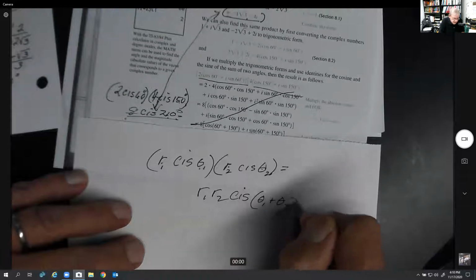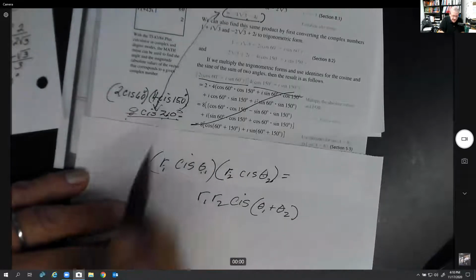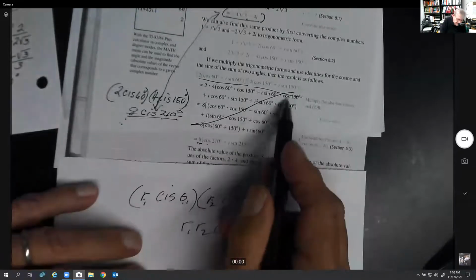And that's exactly what they did. They added these angles together. So this is a quick way, instead of going through all this work, to get the answer.